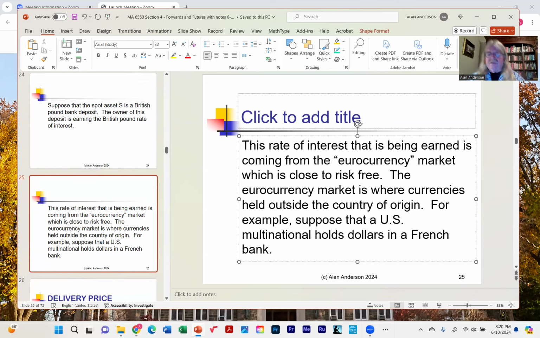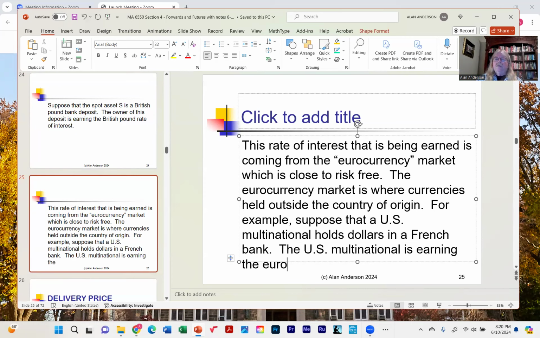So what will happen is the corporation is earning the eurodollar rate of interest, not the French rate of interest.